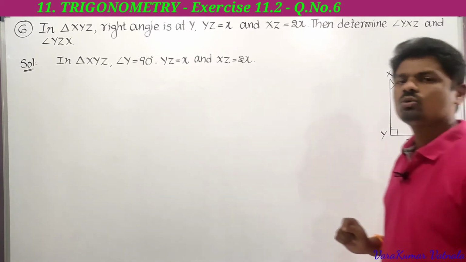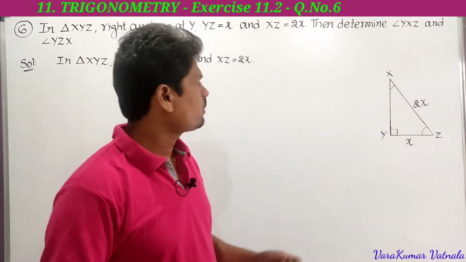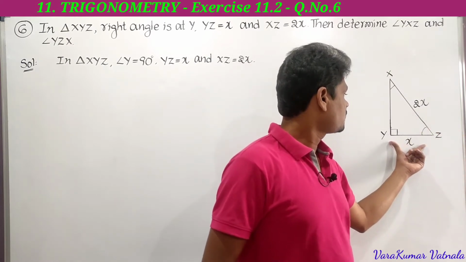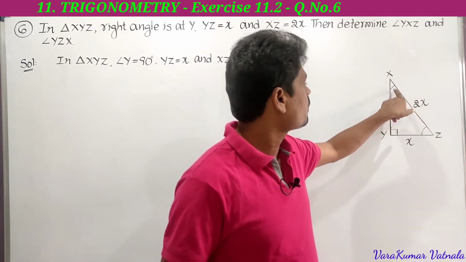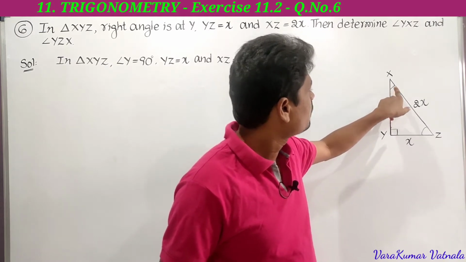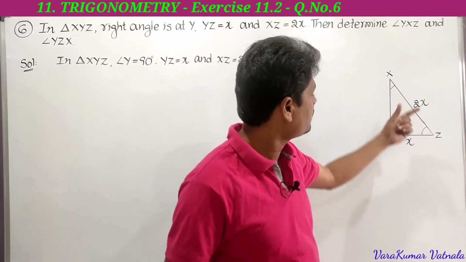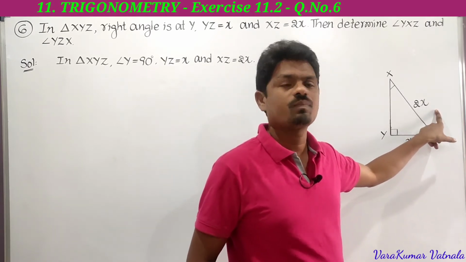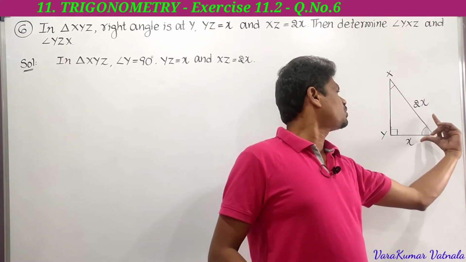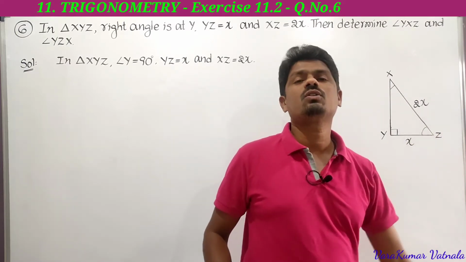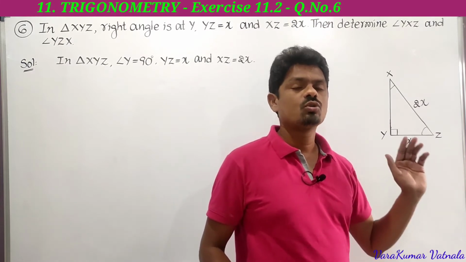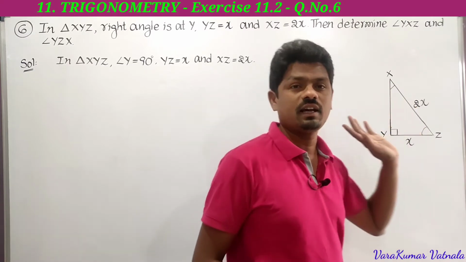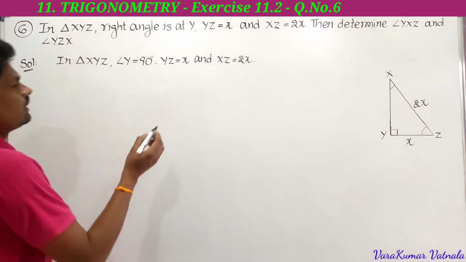Again we have to think about what he has given and what he is asking us to find. So this is x, this is 2x. If we want to find angle YXZ, with respect to angle YXZ, YZ becomes the opposite side and XZ becomes the hypotenuse. Which trigonometric ratio relates these two? Opposite side and hypotenuse: sine. So we take sine of angle YXZ, then we can find the angle.